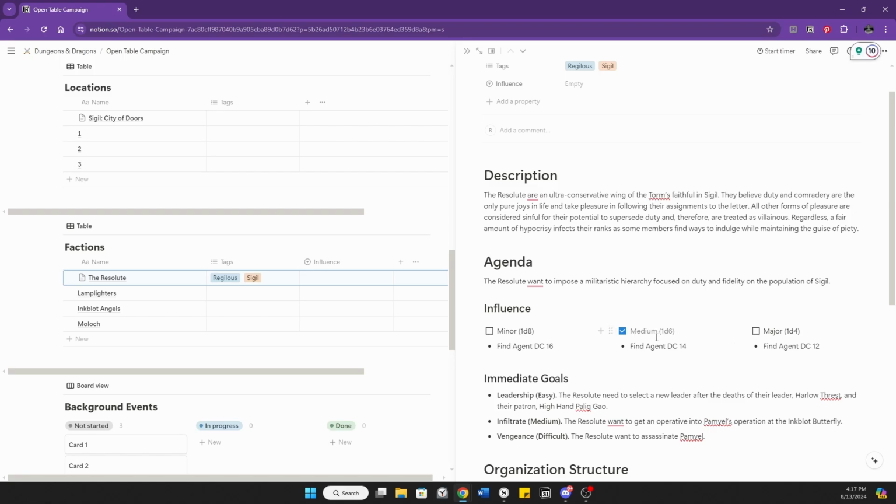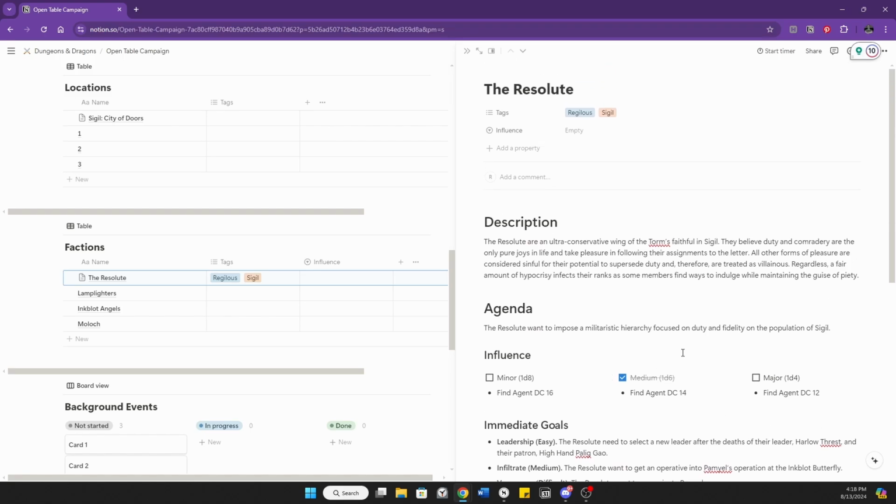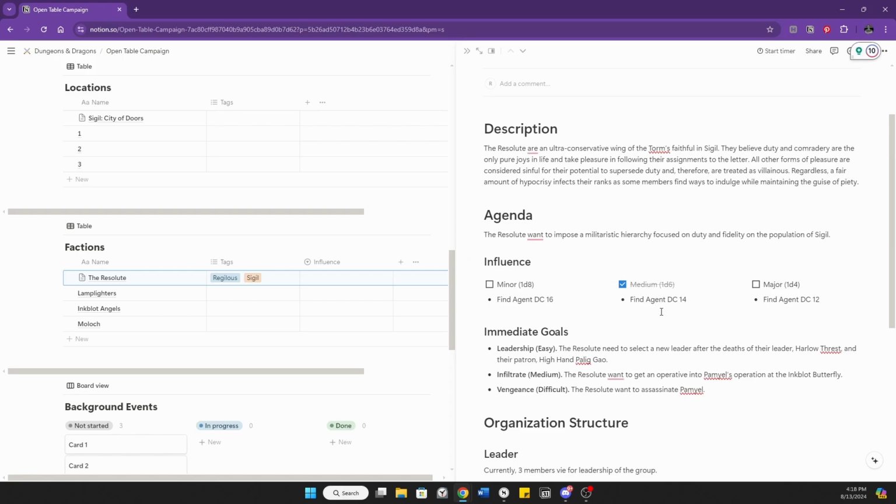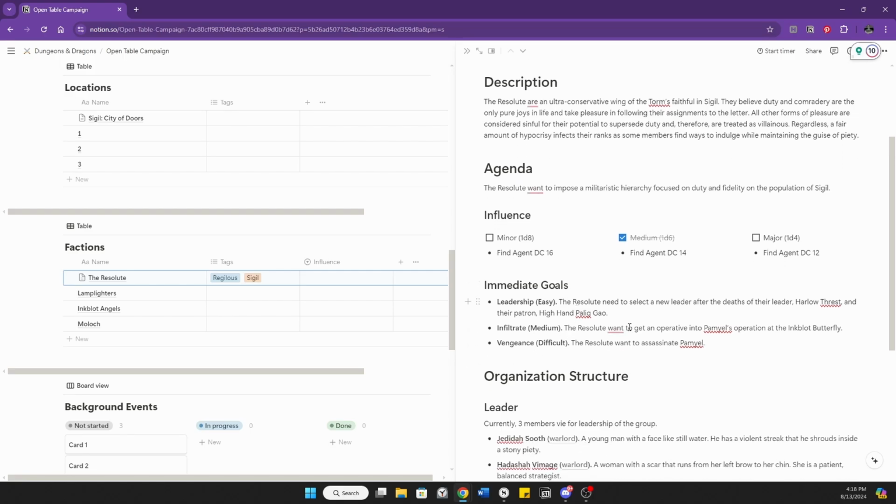So medium influence means it has the 1d6 action die, we'll talk about that real quick, and then the find agent DC of 14. That 1d6 comes into play whenever the faction is trying to achieve an objective off screen, right? So, let's say the party is off somewhere else right now. In fact, they are.